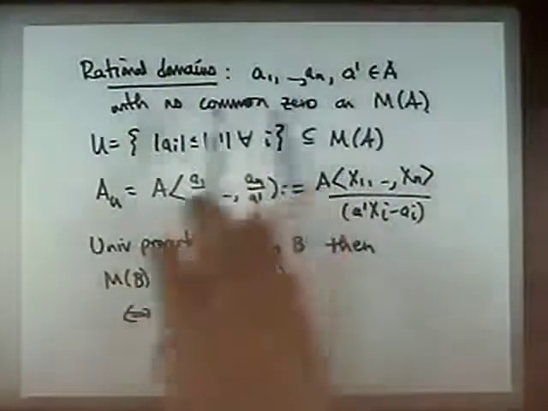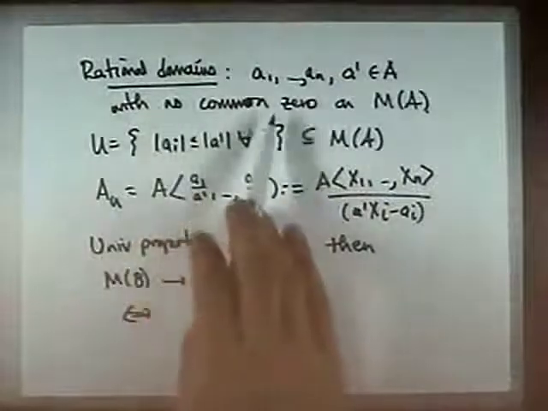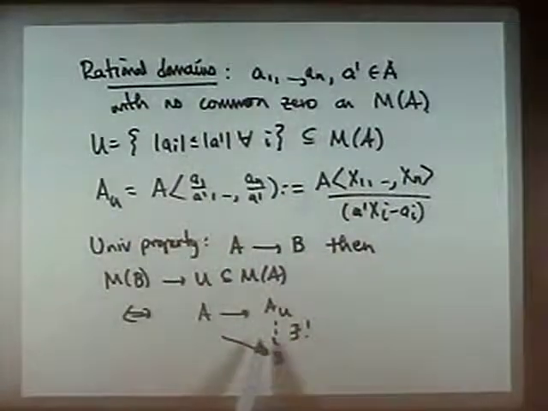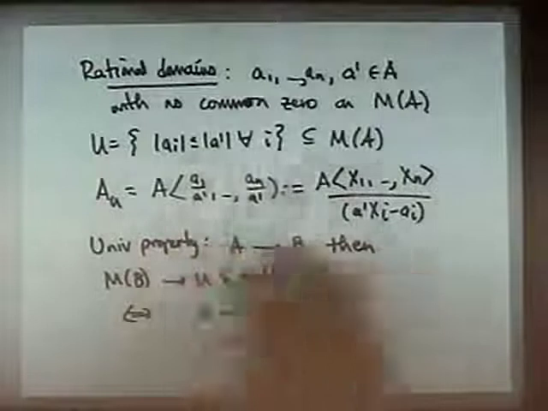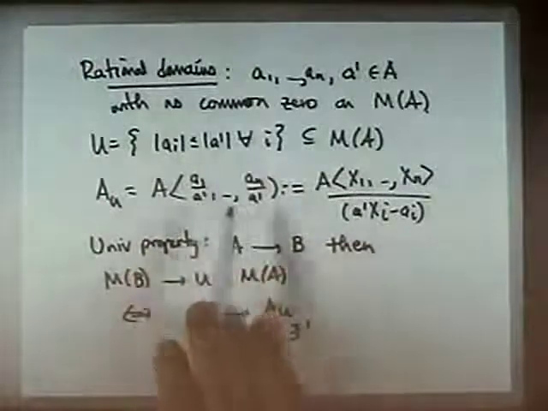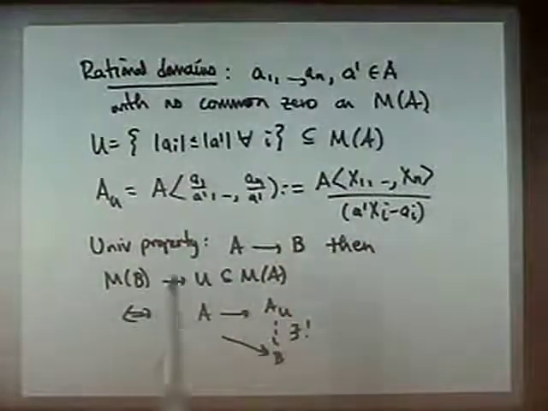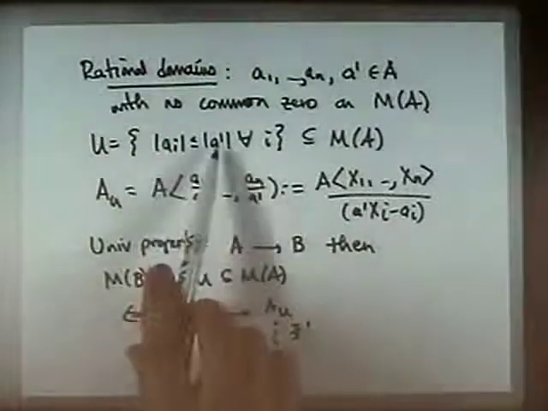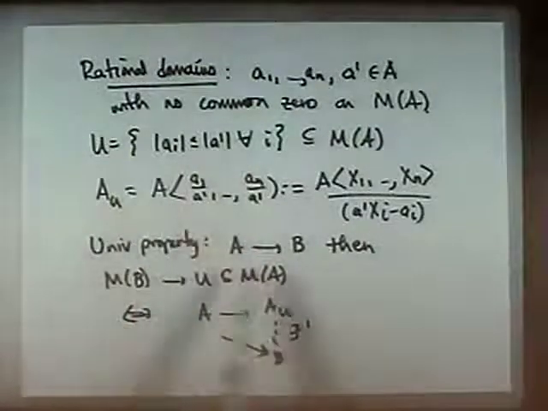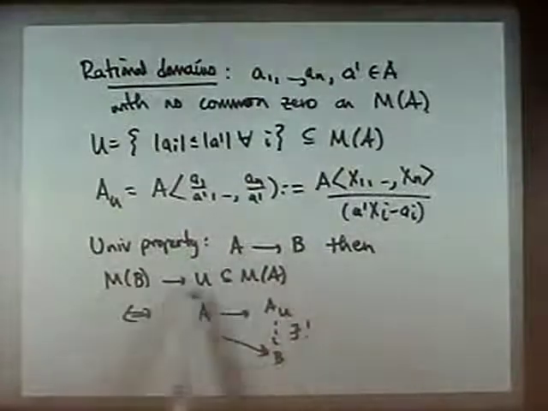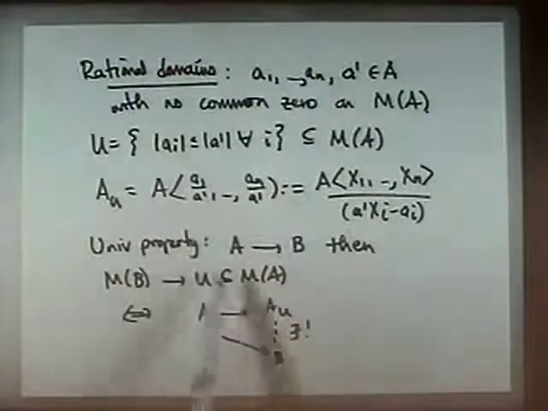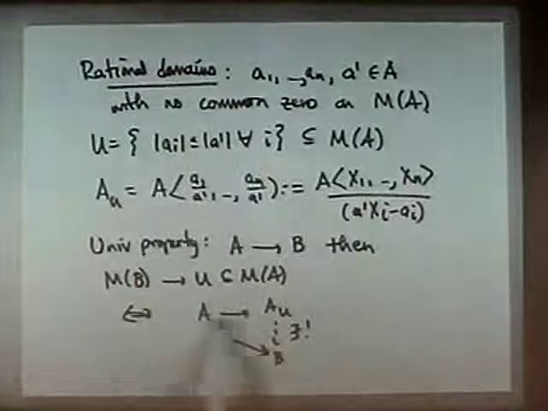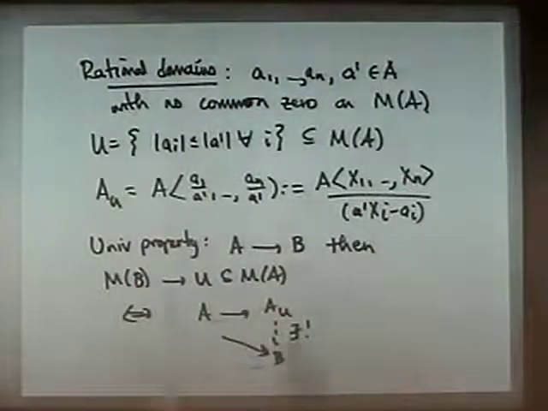You could consider this without the condition of the common zero, but then the universal property doesn't work, and this is not even an open set for the canonical topology, so it's probably a bad thing to consider anyway. In any event, this is another class of inequalities we can impose, and factoring through this kind of set is characterized algebraically by factoring through this particular ring.